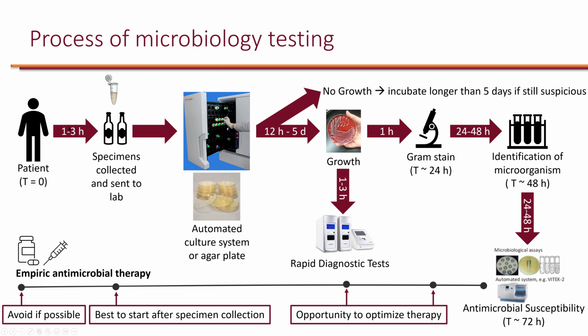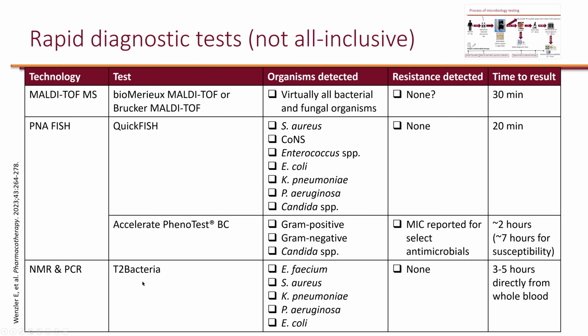With the T2 Bacteria, once you get the sample, it goes directly into the diagnostic test. So that will save you half a day or so in identifying the organisms. That's pretty good, and this is a relatively new technology, and more development will be underway.